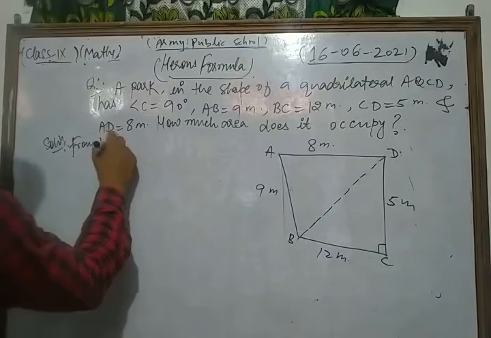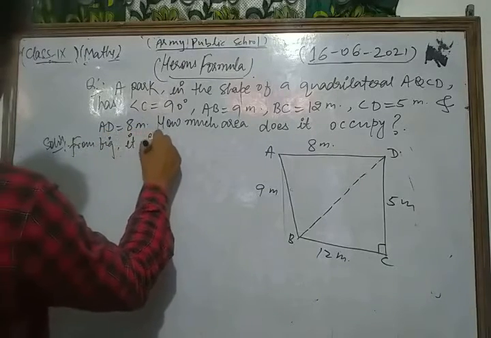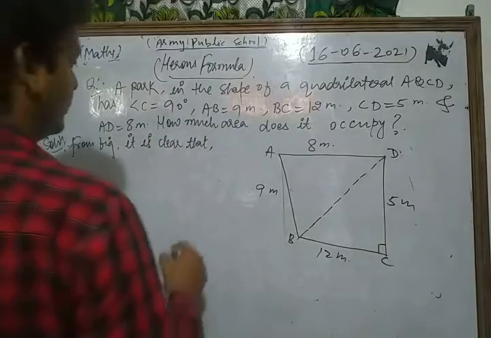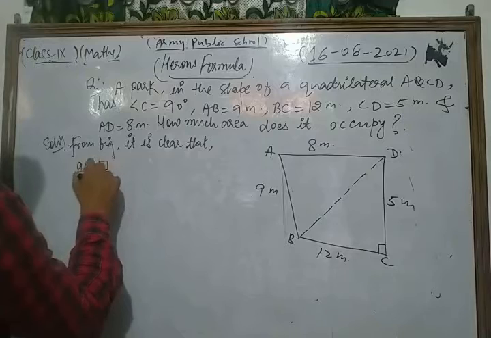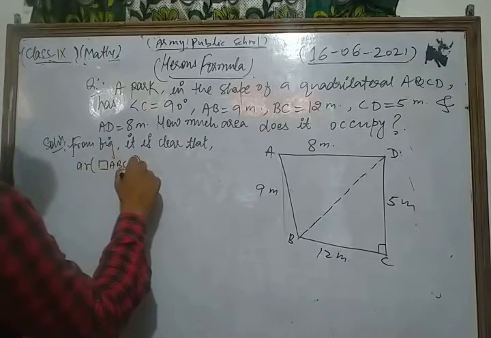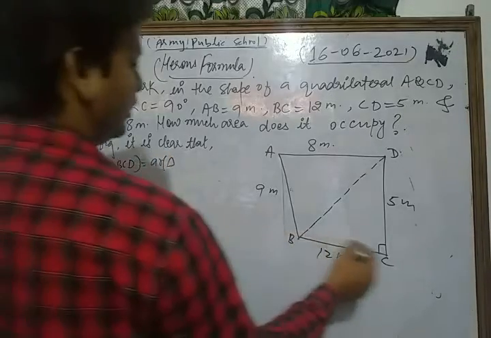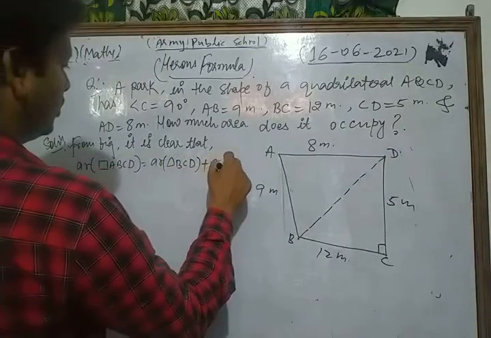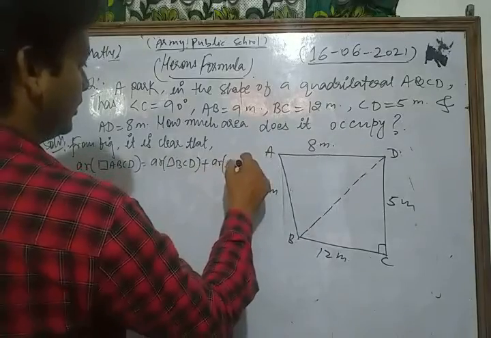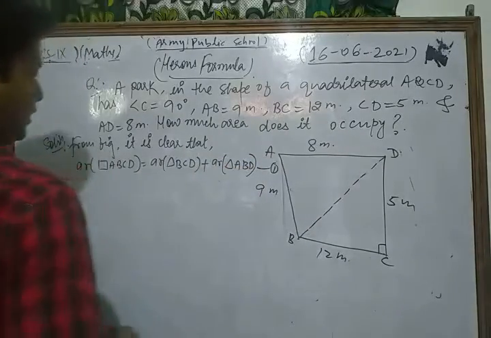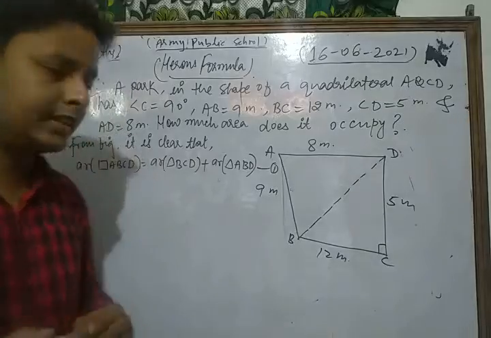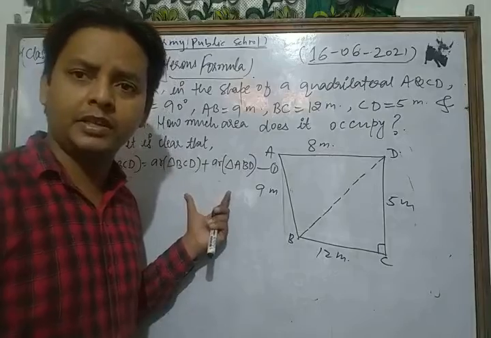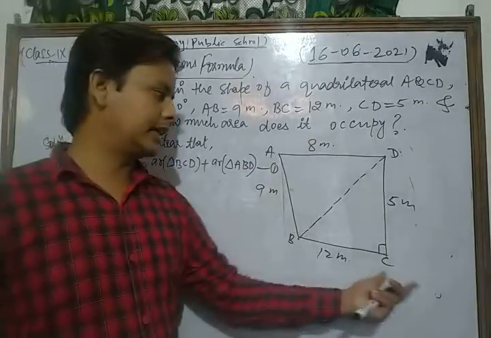It is clear that area of quadrilateral ABCD is equal to area of triangle BCD plus area of triangle ABD. We take this as equation number 1. After finding the areas of triangles BCD and ABD, we put them in equation 1, and hence we find the area of quadrilateral park ABCD.